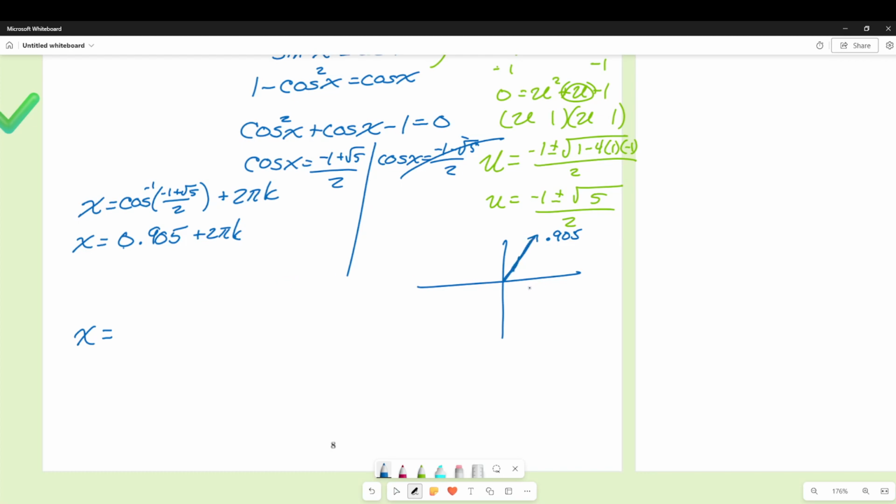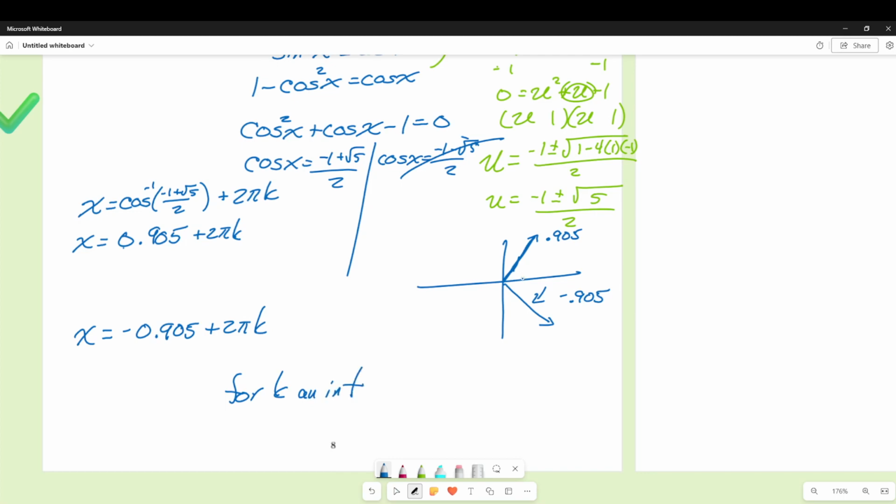The other angle, because it's cosine, has to be in the other quadrant in which cosine is positive, so that's got to be down here with the same reference angle. So we really could anchor the other one at -0.905 plus 2 pi k. These are both for k an integer.